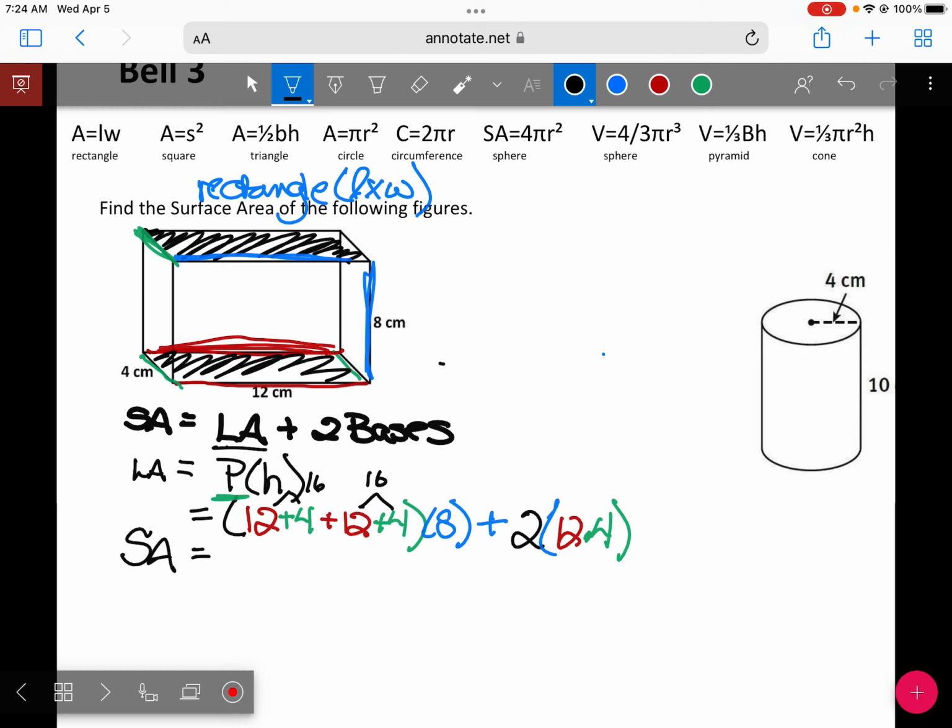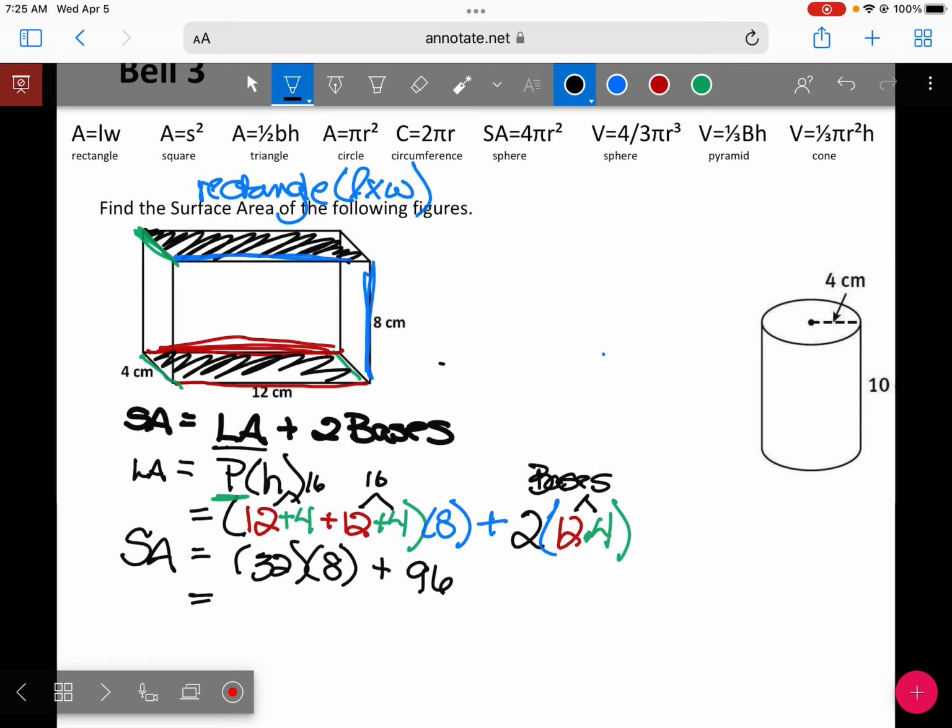16, and 16, which is 32, times 8, plus 12 times 4 is 48, times 2 is 96. So these are my bases right here, the top and the bottom.